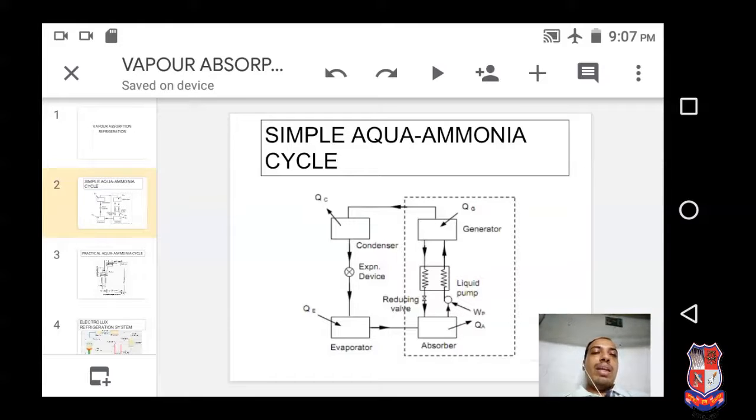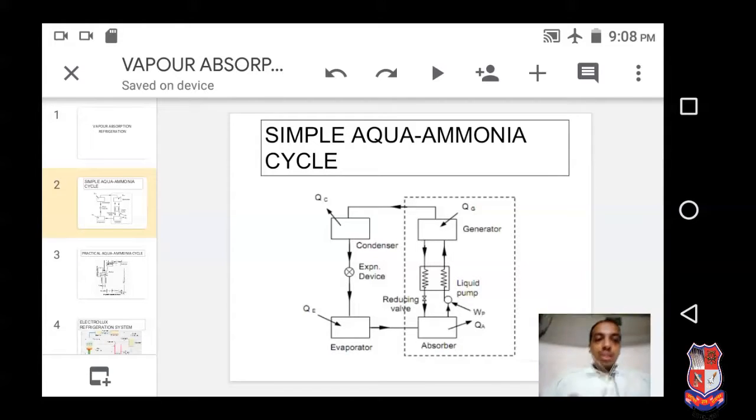Now we know that at the exit of the evaporator we get low pressure low temperature vapor ammonia, and at the entry of the condenser we require high pressure high temperature vapor ammonia. So we have to convert this low pressure low temperature vapor ammonia to high pressure high temperature vapor ammonia through this absorber generator mechanism.